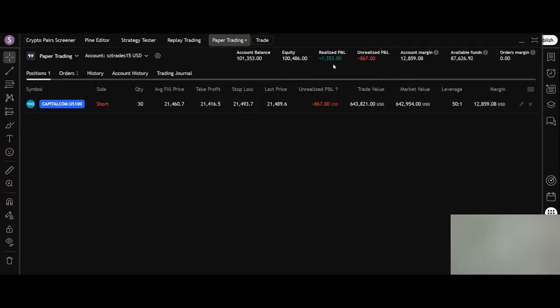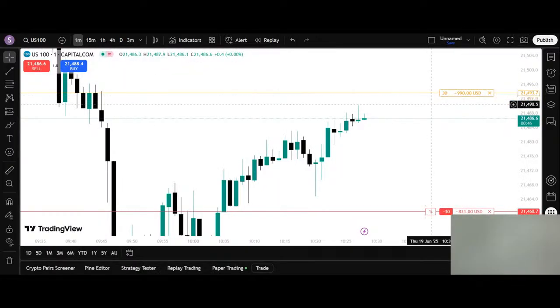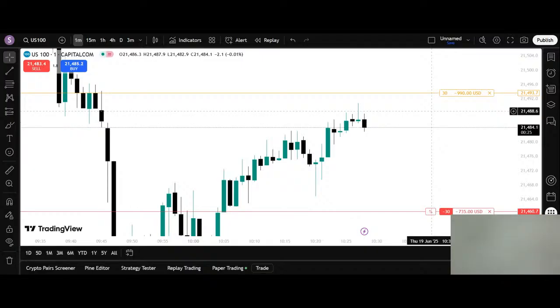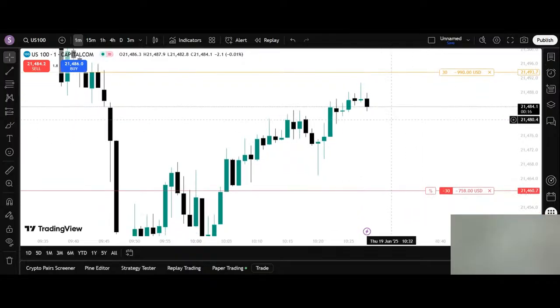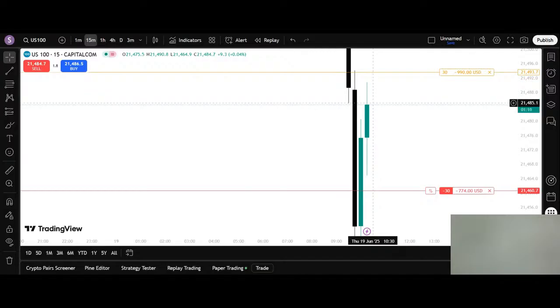We're still in 1353 profit right now. 1 minute left for that 15-minute candle to close.